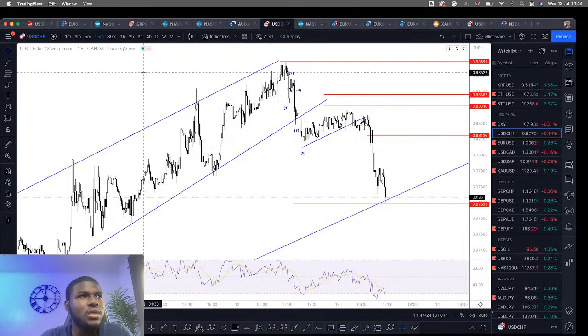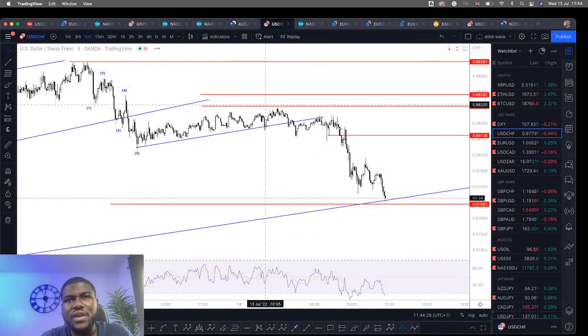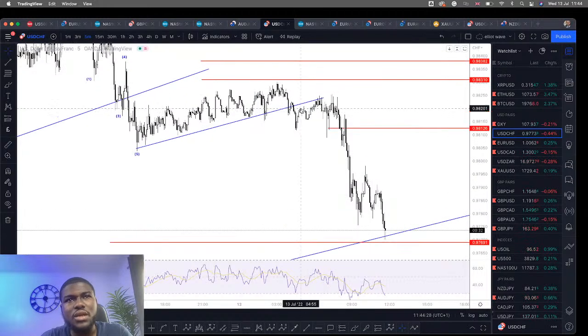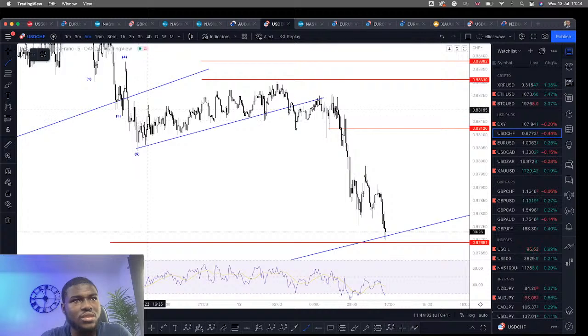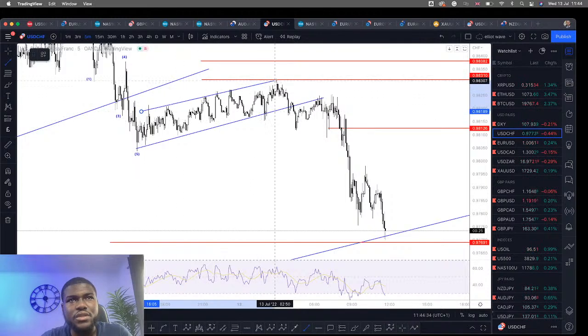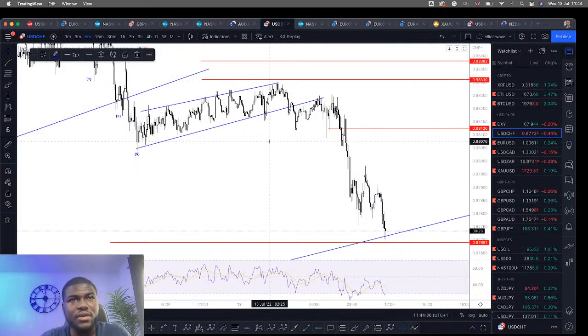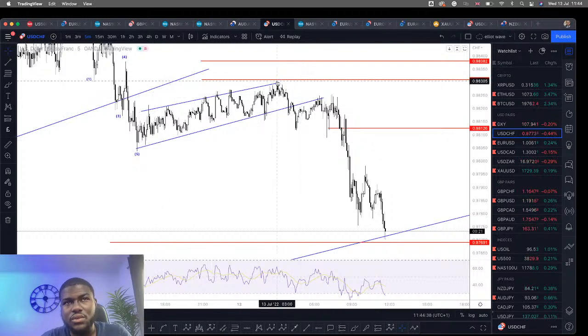What I will do is try and go into the 5-minute time frame and check out the whole of this move here. It's never ambiguous that this is a correction that was broken with this impulse. So let's take our brush tool to start taking it one by one.